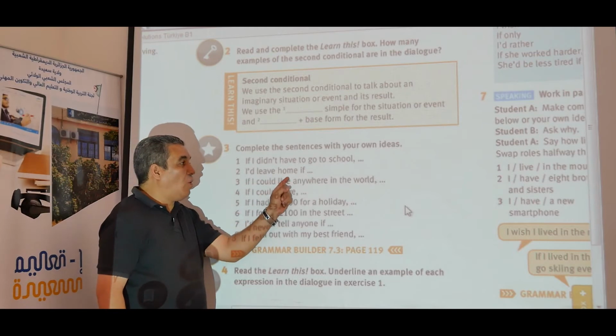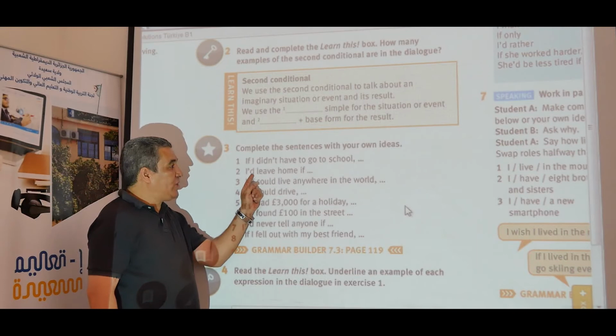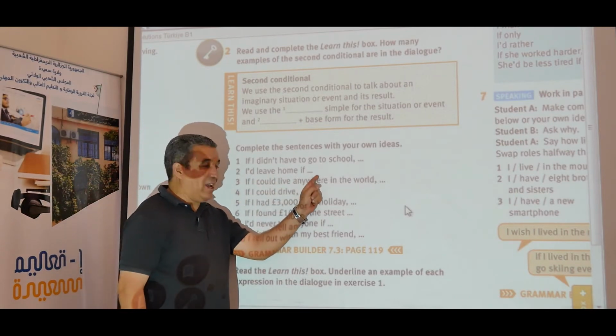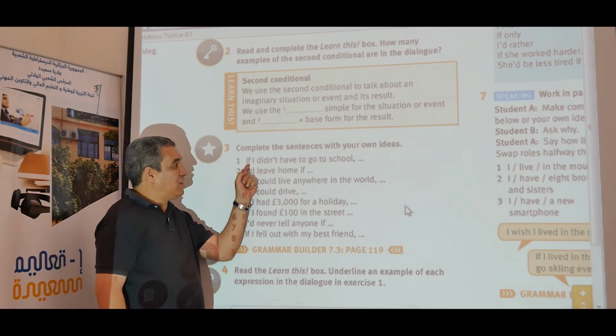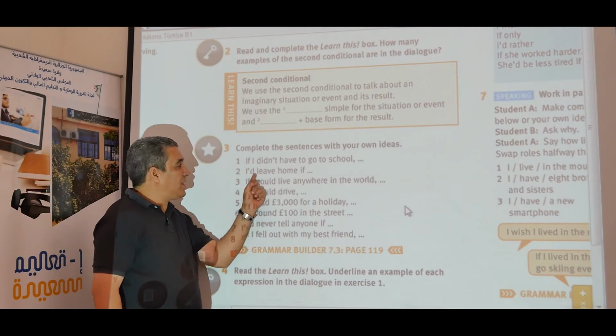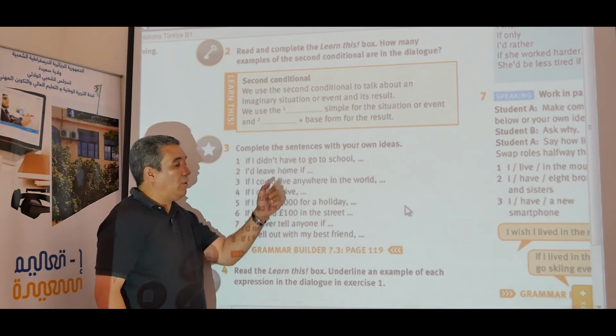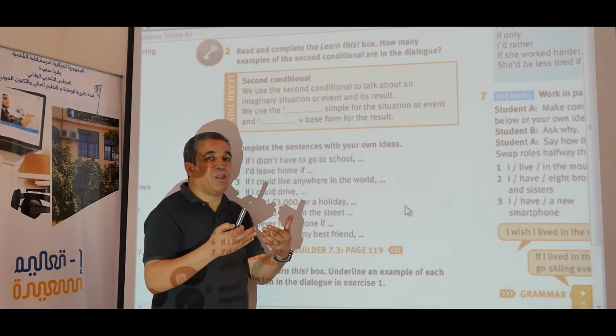I'd leave home. So you see, number one is an if clause, and number two is a main clause, because here we've got the conditional tense and here we've got the past simple. So try to come up with your own ideas.